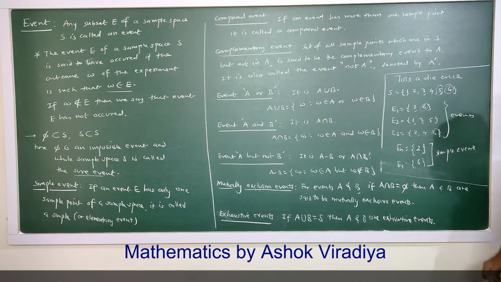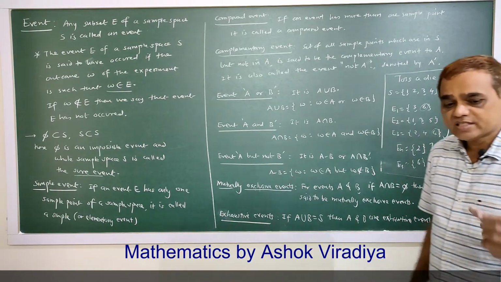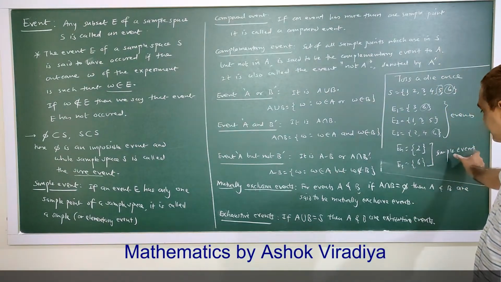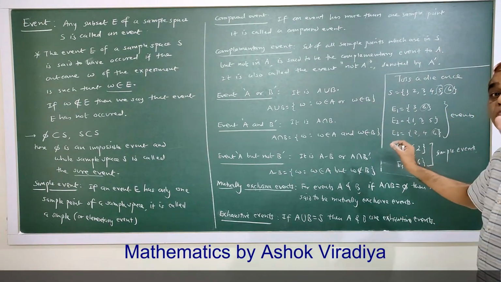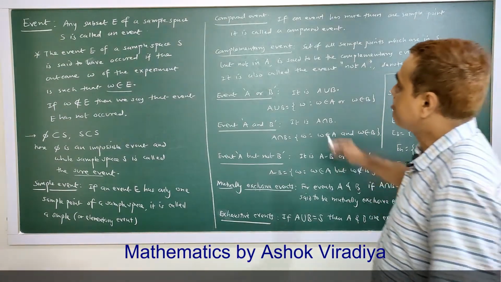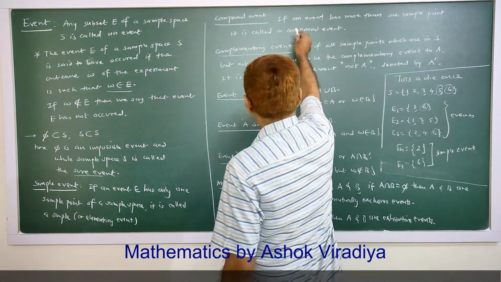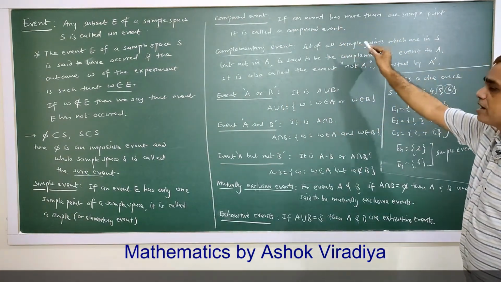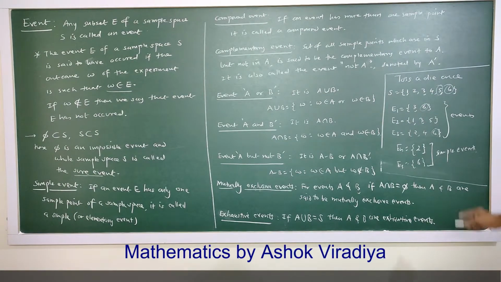In set operations, we had the word singleton set. This is similar to that, but here we use the word simple event. Then the next word is compound event. If an event has more than one sample point, it is called a compound event.